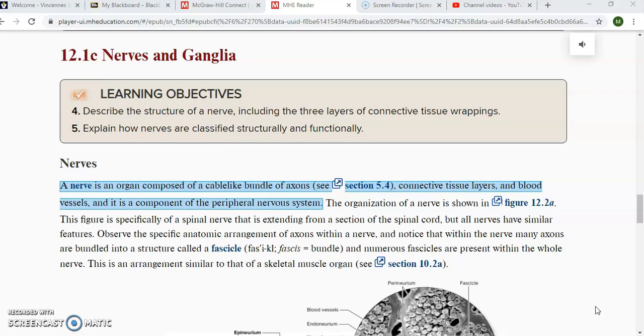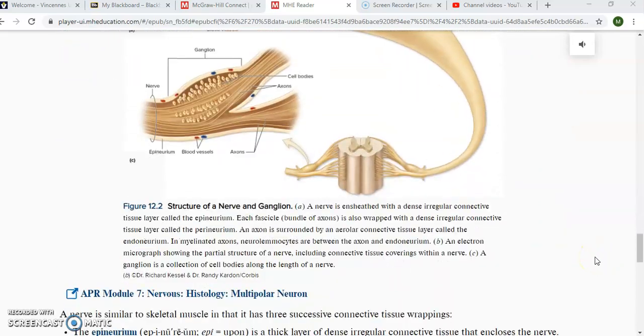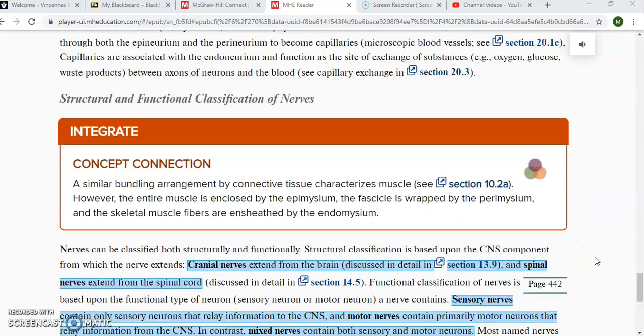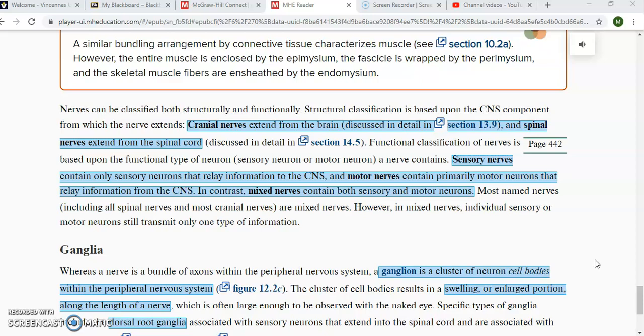All right, so that's what a nerve is. And then depending on what nerve we're talking about in the body, we can describe it. A lot of times you'll hear me talk about the nerves that originate from the brain. We'll call those cranial nerves. You'll learn a little bit later, when we get to chapter 13 about the brain, more details about all the cranial nerves and what their functions are.